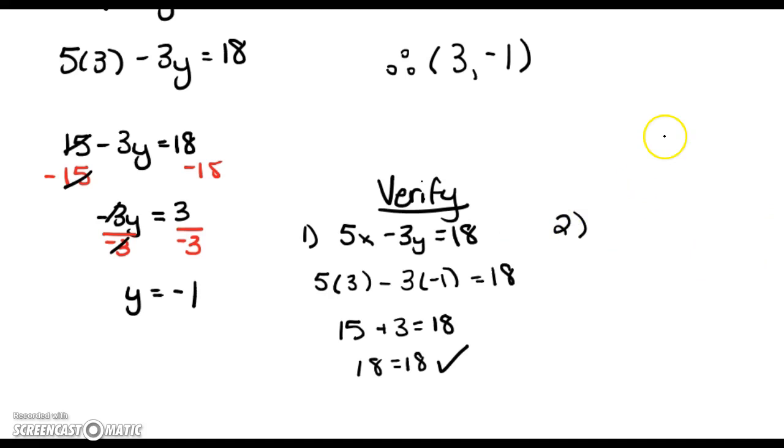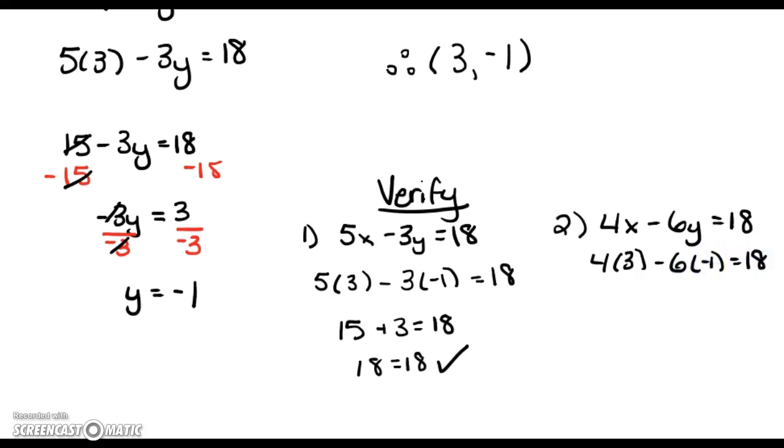So now we're going to plug this into our second equation. Our second equation there was 4x minus 6y is equal to 18. Same idea, I'm going to plug in x and y. So we have 4 times 3 minus 6 times negative 1, that's equal to 18.